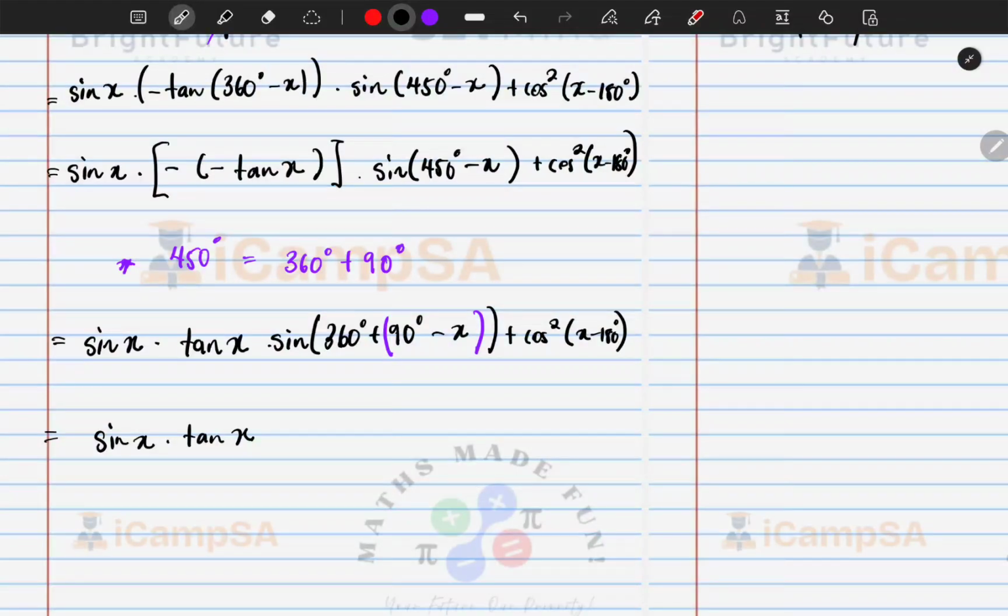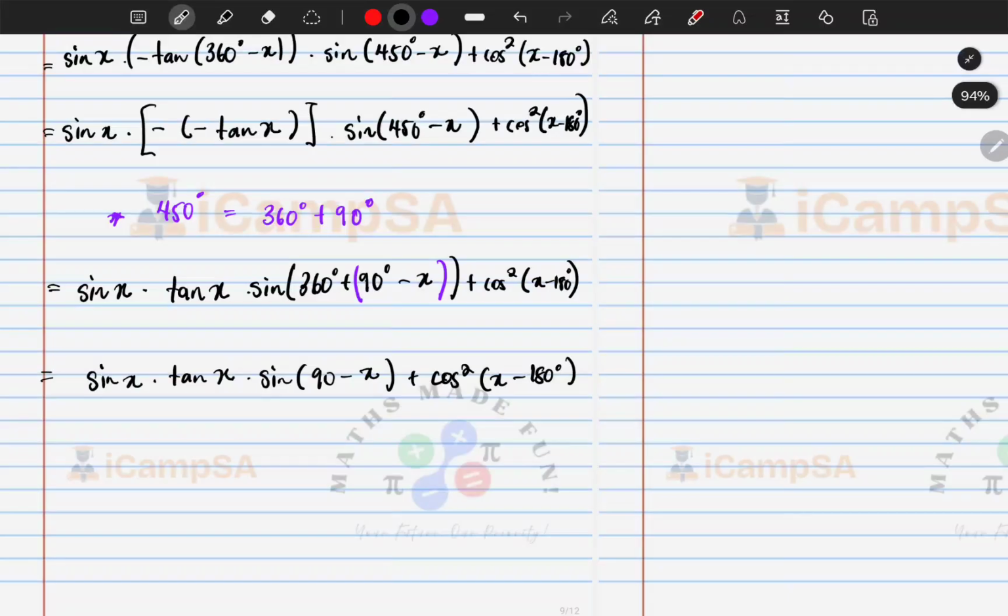So I have 360 plus, so 360 plus is going to be in the first quadrant, and everything in the first quadrant is just positive. So this is going to be your sine of 90 minus x, right, plus my cos squared x minus 180 degrees.